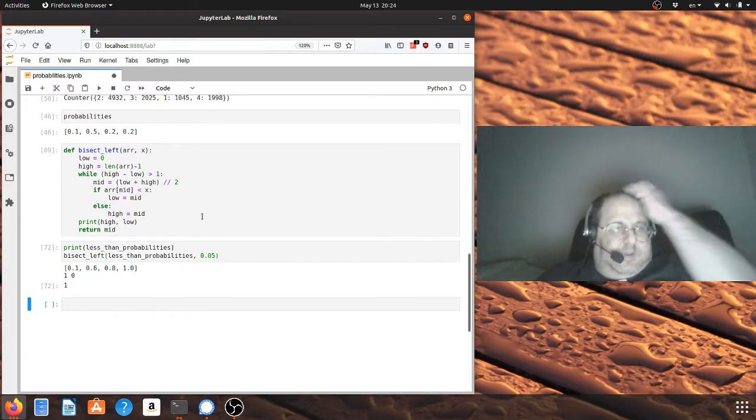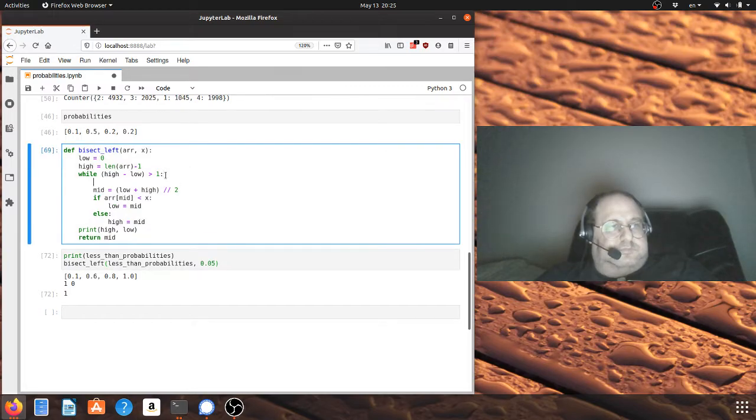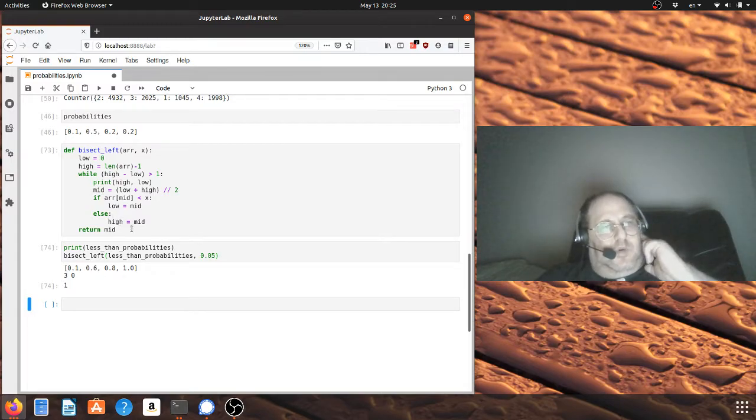Okay, so let's figure out what's going on here. While high minus low is greater than 1, let's print high low here. Should have gone one more through the loop, right? No, because it's already 1 0.